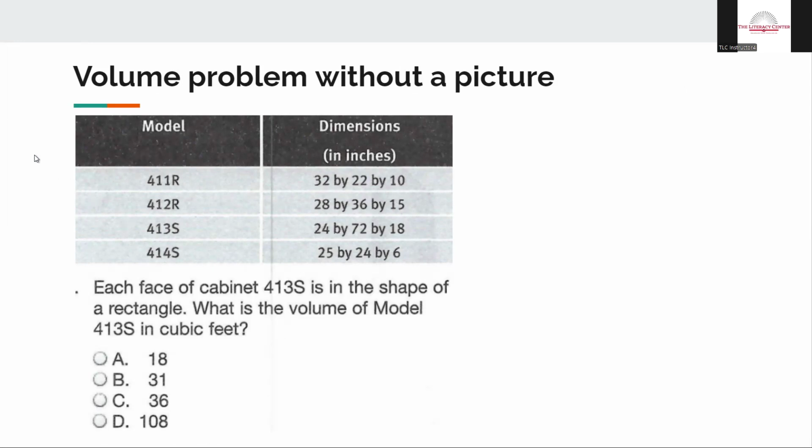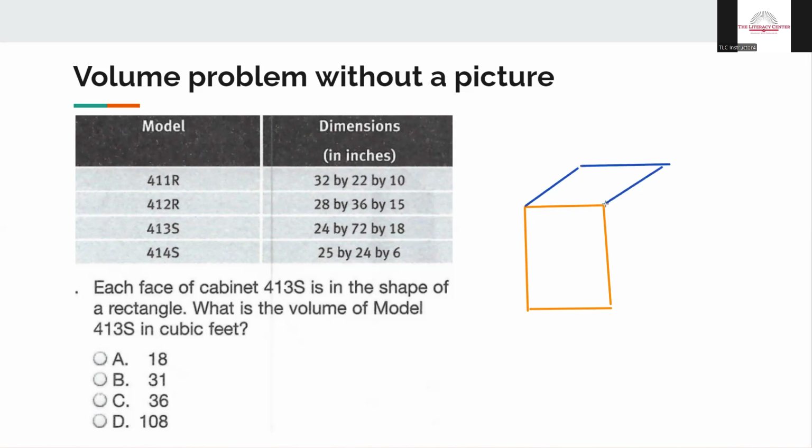So what they're telling us here is that the front of our cabinet looks like this. Not a perfect rectangle, but not terrible. And then it is a box. So we want to imagine it kind of looks like this. If the front is a rectangle shape, then the cabinet is going to be a box shape.